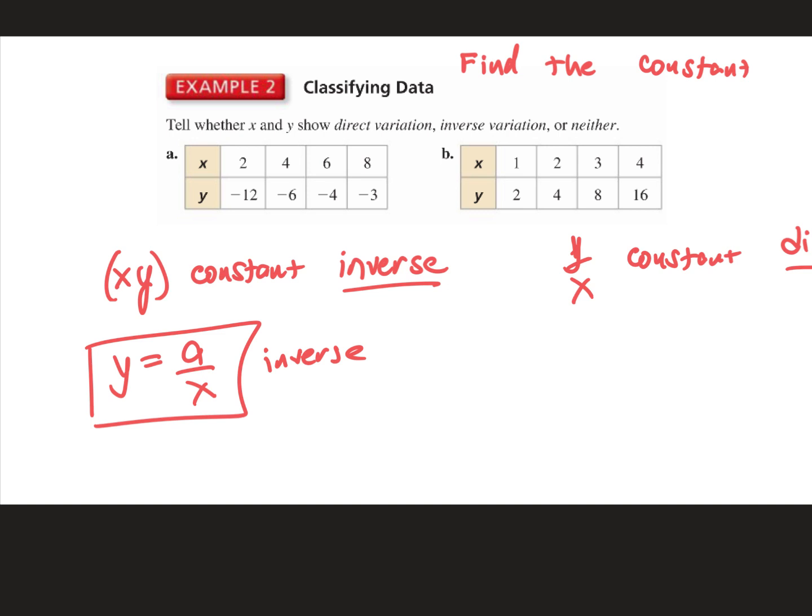You have to find the constant. Well, if I find the constant, how would I get a by itself? If I solved for a, what would you do? Multiply both sides by what? So that's why when you find the constant and you're multiplying the x and the y and you get the same thing every time, that's why it's inverse.